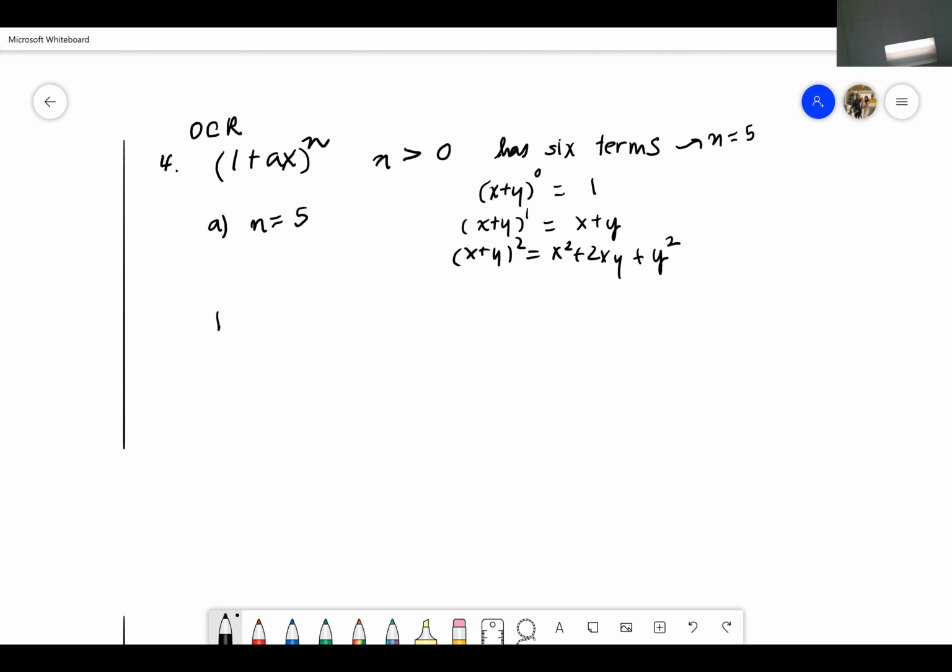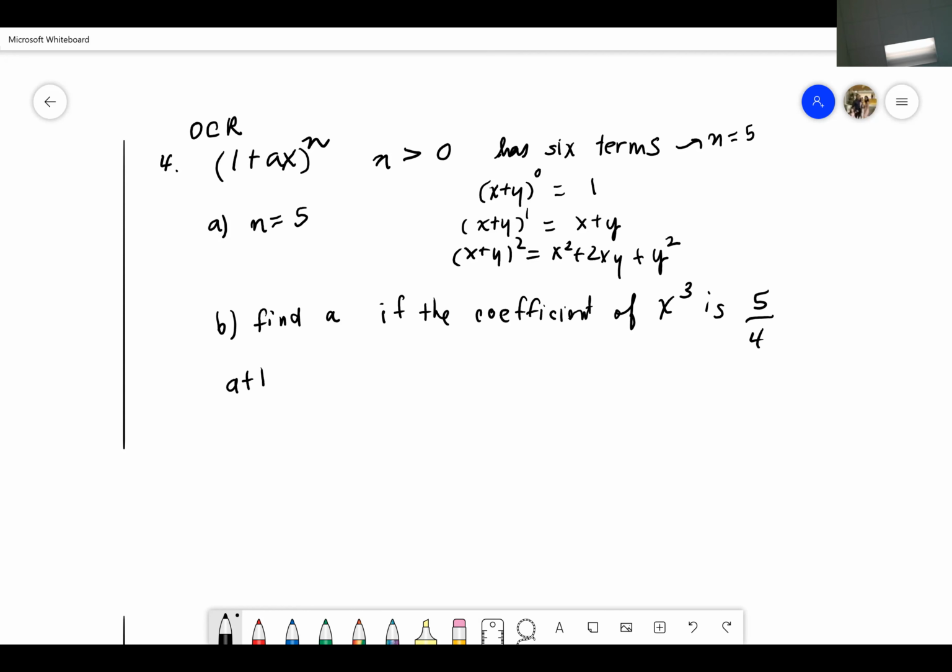And then B says, find a if the coefficient of x to the third is 5/4. So now I go ahead and write this out.